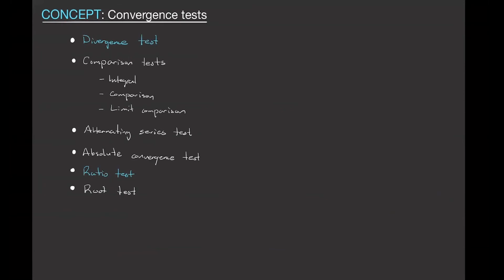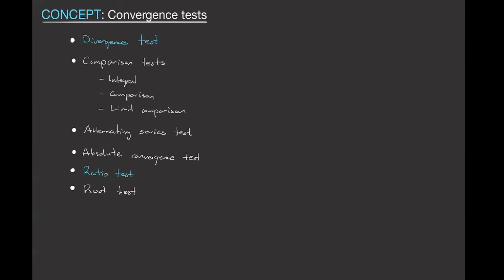The two biggest ones are, without a doubt, the divergence test and the ratio test, at least for us at this moment. The others can be very important, especially in different areas. Some may use comparison, limit comparison, integral tests more, depending on what type of models and situation you're working with.